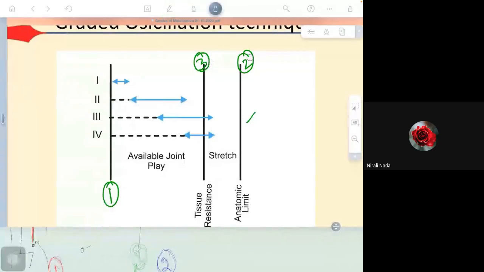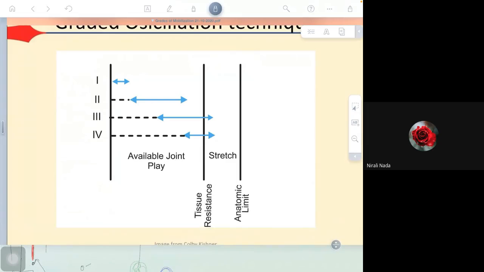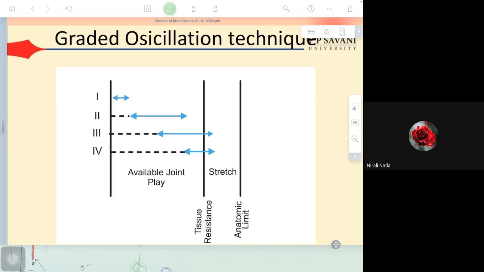So coming to this diagram, you can take this as any joint. We will take the shoulder joint as an example. Here is the beginning of range of motion. Here is the end range of motion, which we have studied as line number 2, that is 180 degree, from 0 degree.